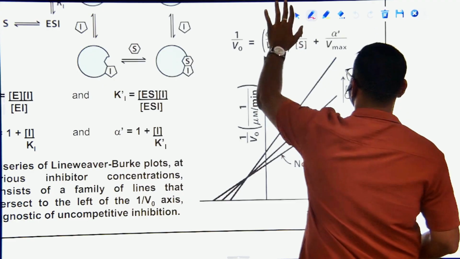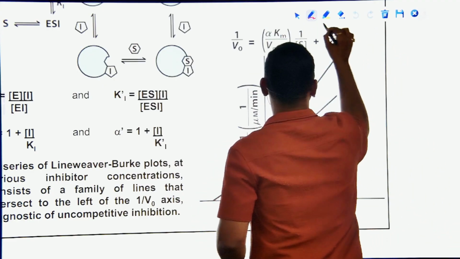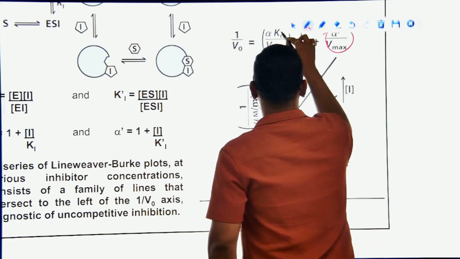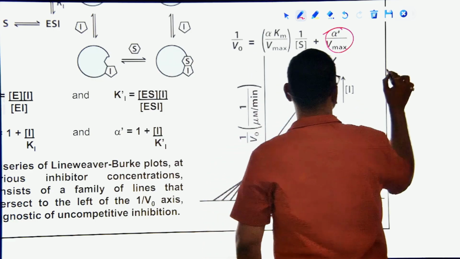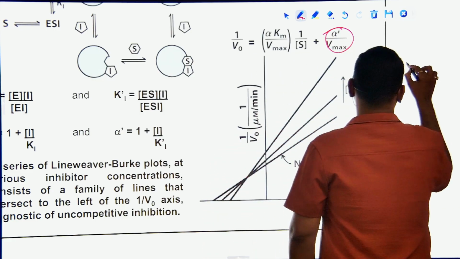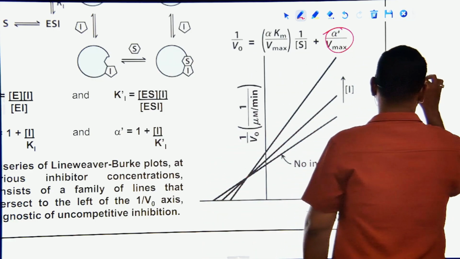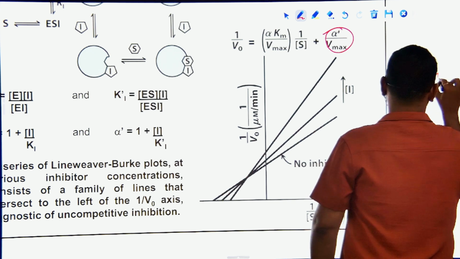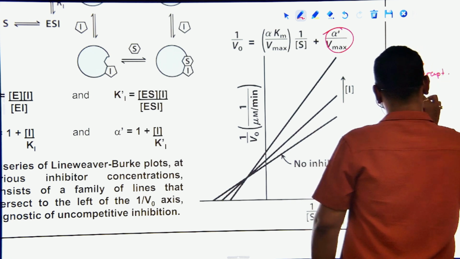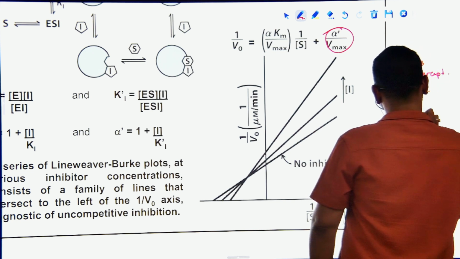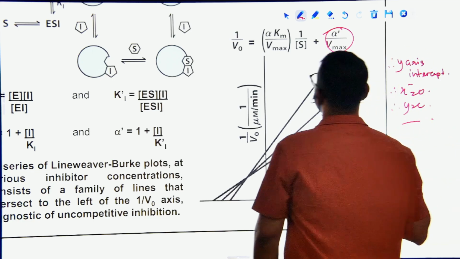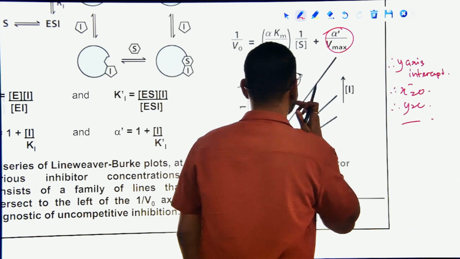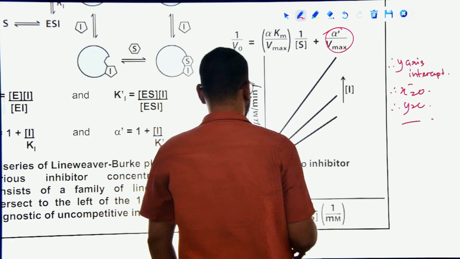For mixed specifically, we have this and this. So for our y-axis intercept, x equals 0, therefore y equals c, and c is alpha dash by Vmax.